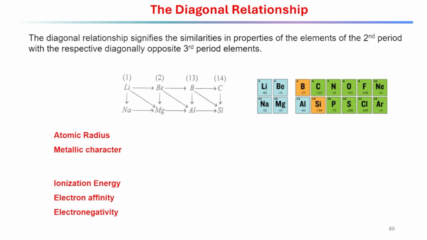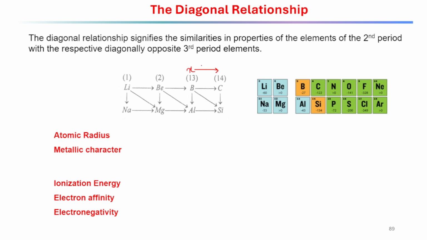For example, let's take beryllium and aluminum or boron and silicon. Let's take boron and silicon, okay? And let's consider atomic radius and metallic character. For boron, atomic radius and metallic character is denoted by X. And we know that atomic radius decreases along the period. So if we go from here to here, the atomic radius will decrease, right? So this atomic radius and metallic character I denote by X, it will decrease.